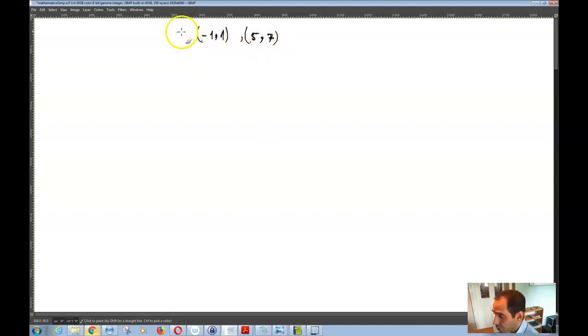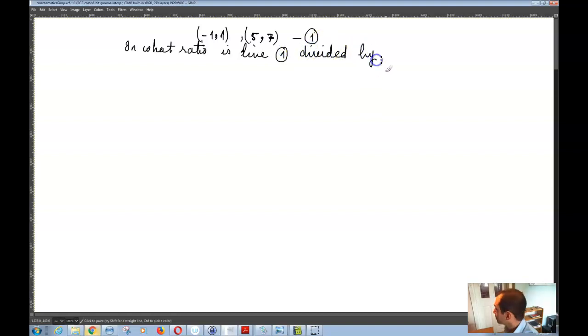So basically, in what ratio is this line, if I call this line number 1, divided by the other line, x plus y is equal to 4.